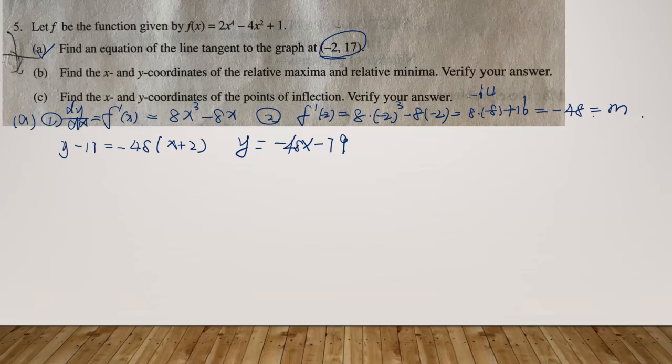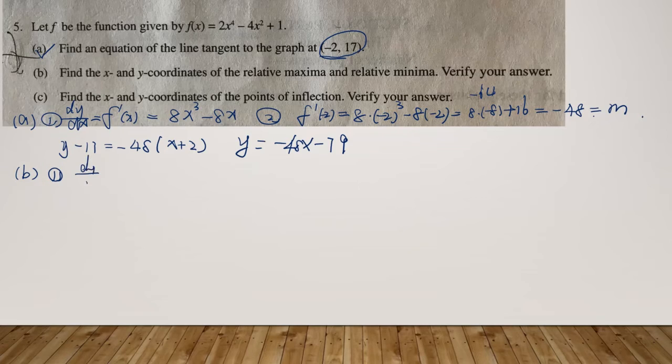Question B, find the x and y coordinates of the relative maximum and the relative minimum. Verify your answer. To find the minimum and the maximum, we need to find the critical points first. How to find the critical points?